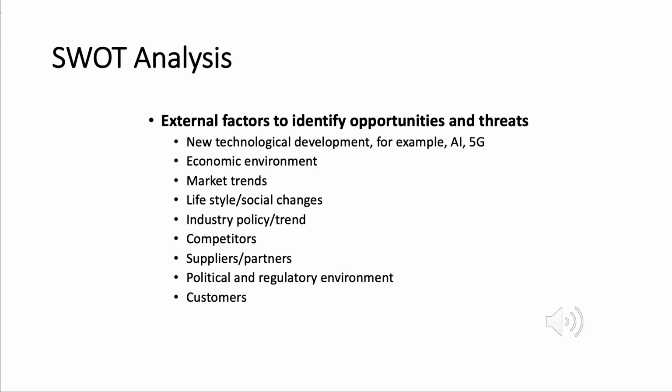Some examples of external factors to identify opportunities and threats: new technological development such as AI or 5G, economic environment, market trends, lifestyle or social changes, industry policy and industry trends, competitors, suppliers and partners, political and regulatory environment, and customers.